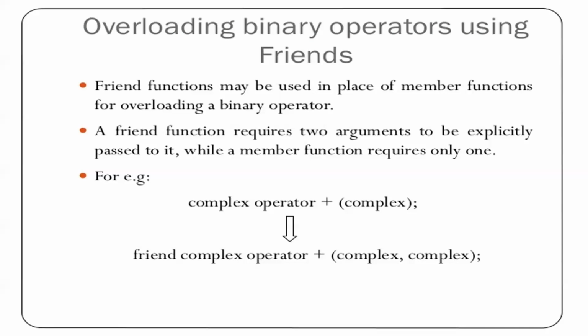So remember, for unary operator overloading, for member functions no arguments, for friend function one argument. For binary operator overloading, for member function one argument, and for friend function two. This we have to remember.